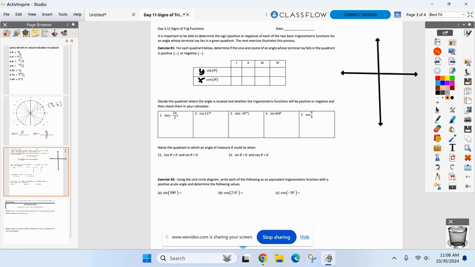They're all positive. So anything in the first quadrant. Max, pick an angle in the first quadrant. 60. Everyone grab your calculator. If you do the sine of 60 and the cosine of 60, I don't care what the answers are, but are they positive or negative in your calculator? Positive. So everything is going to be positive in the first quadrant, because x and y are both positive.